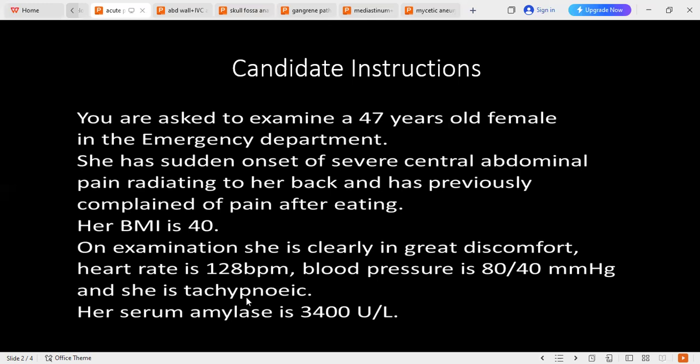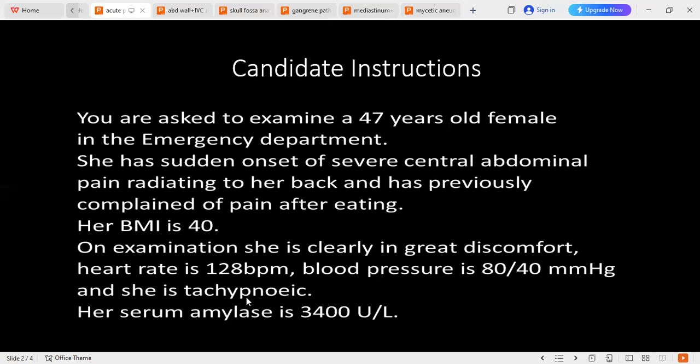Also, adult respiratory distress syndrome, and indigestion of protein and fatty meat. How would you take care of the nutrition of a patient with acute pancreatitis?